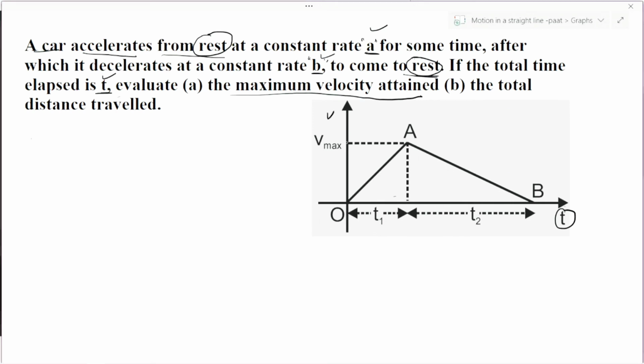So on the time axis we can see the time t1 is for the OA section, with acceleration a. In this section we have to use the equation of motion for time t1. And then we will use section AB. Here we have deceleration or retardation b for time t2.